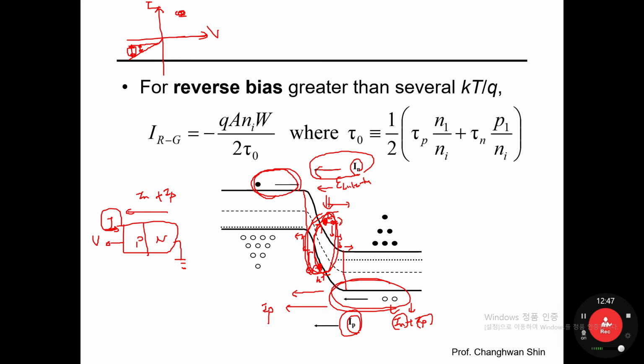There is a single line saying that we're going to ignore generation and recombination events in the depletion region. But in a practical diode, thermal generation and thermal recombination in the depletion region do happen and should be taken into account in describing the practically measured current versus voltage characteristic.